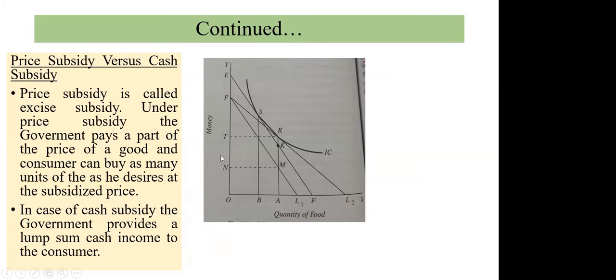So this difference between PN amount, which I would have paid if the price was not subsidized by the government, and the price I am paying now, which is PT, the difference between these two is the subsidy the government is giving, which is PT equal to NT or M.